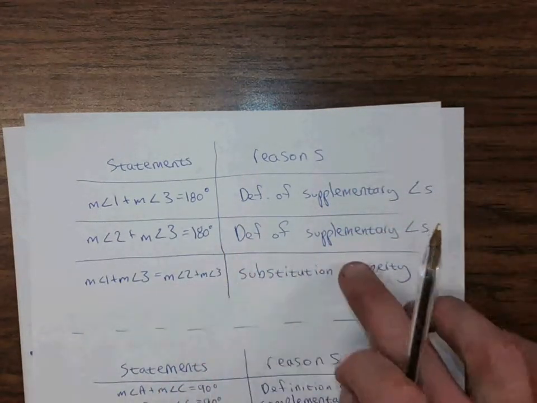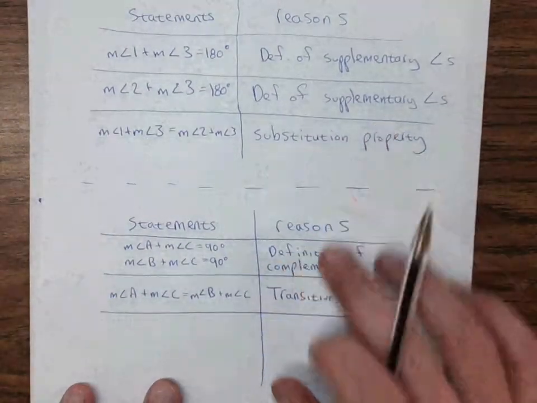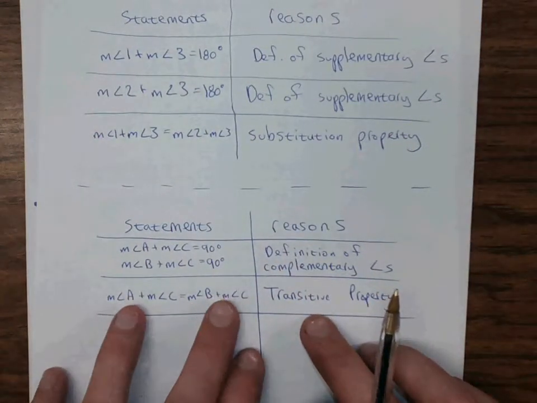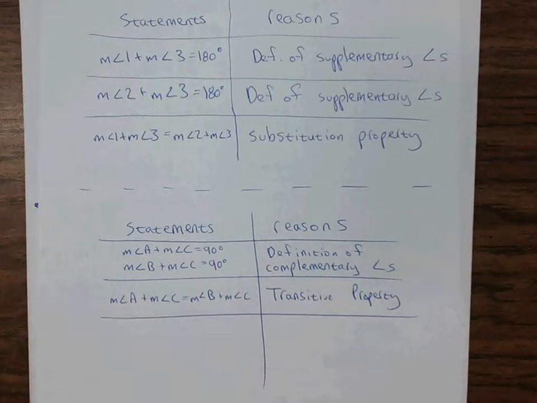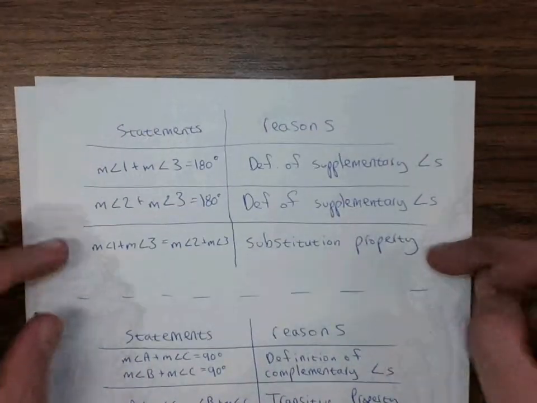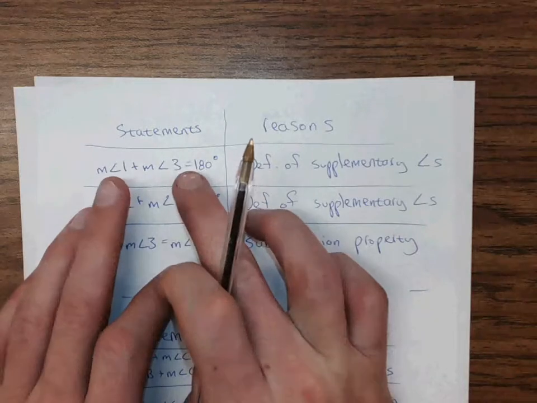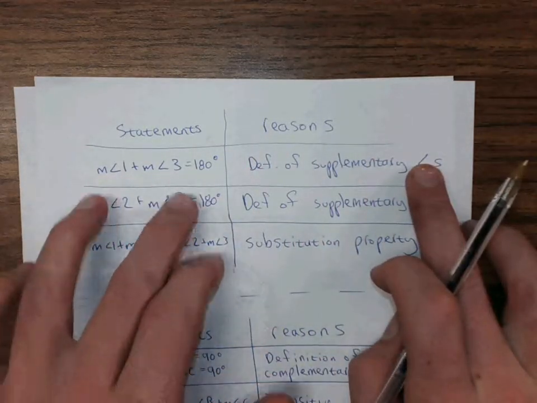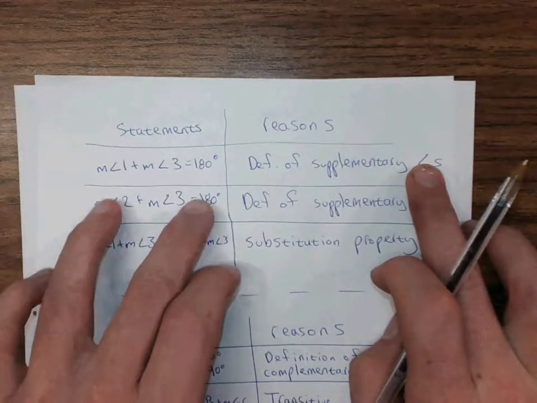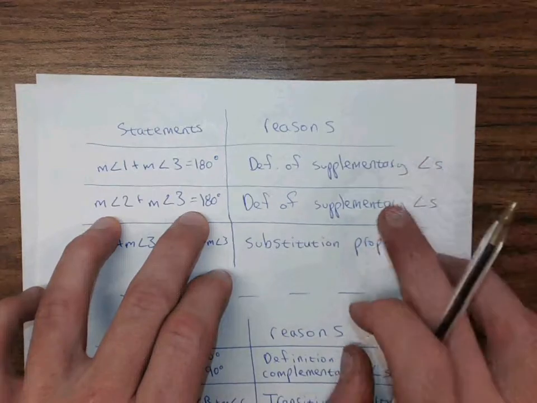We had the substitution property applied in one proof, and then in a very similar situation, the transitive property was applied instead. And as best as I can tell, the reason we use the substitution property here is because in the vertical angles proof, these two sets of supplementary angles were identified as distinct lines in the proof.